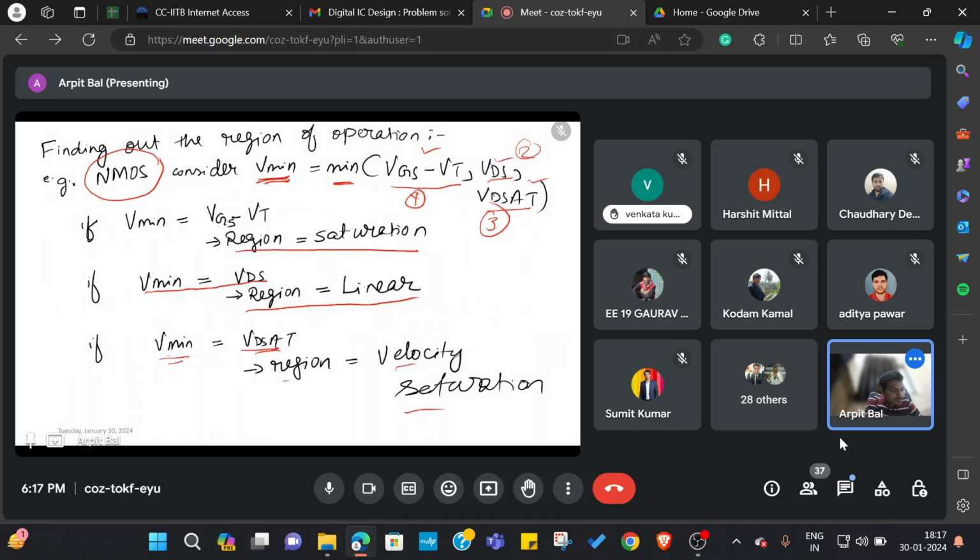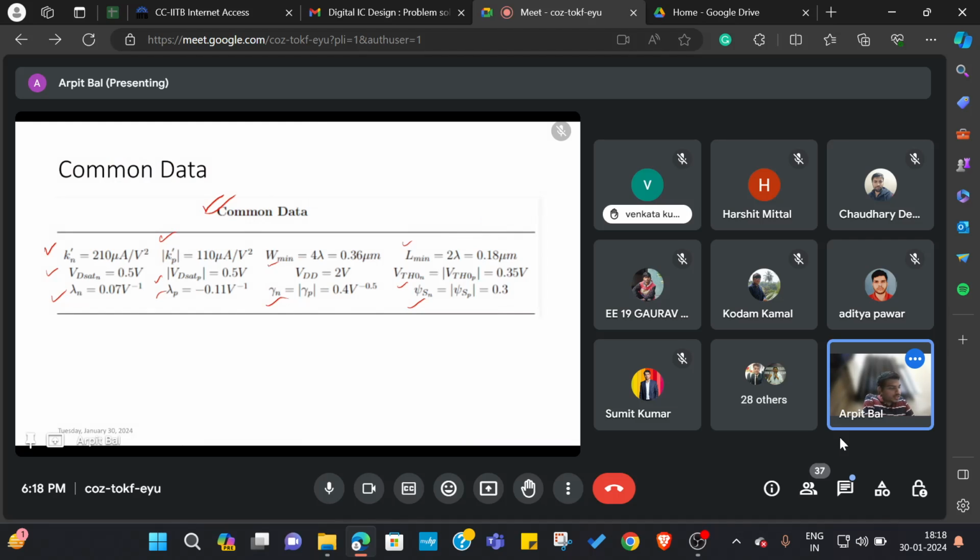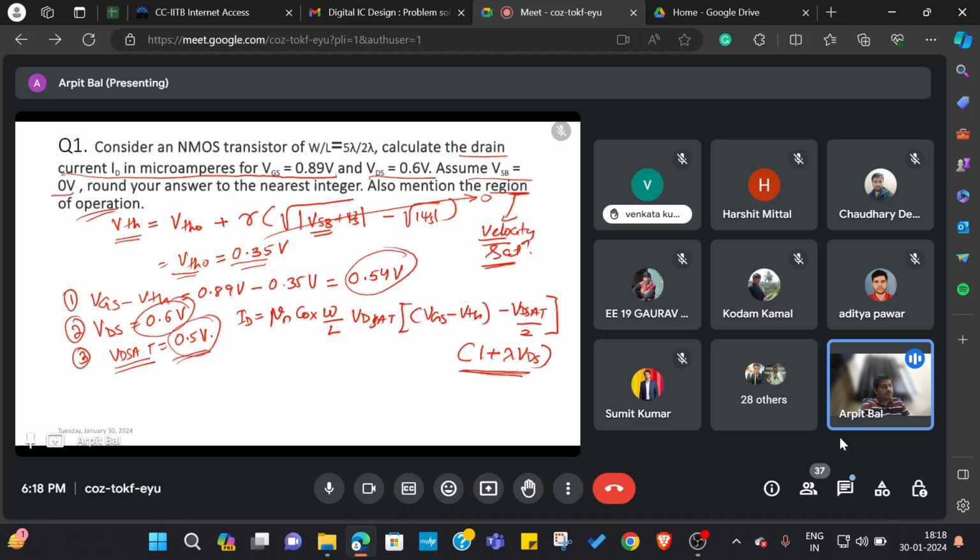It is mentioned here that it is 2 lambda, right? So if the value of L is mentioned in the question, from there you can estimate whether you have to go for a short channel equation model or a long channel model.